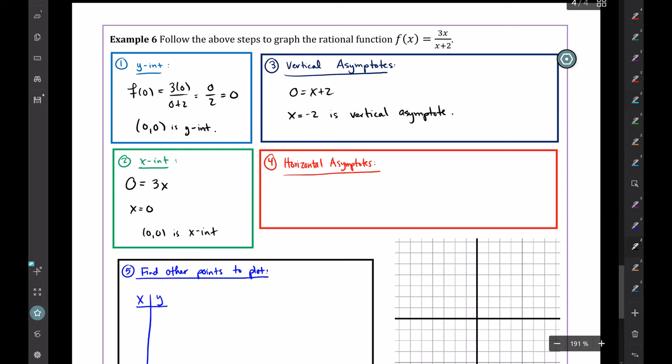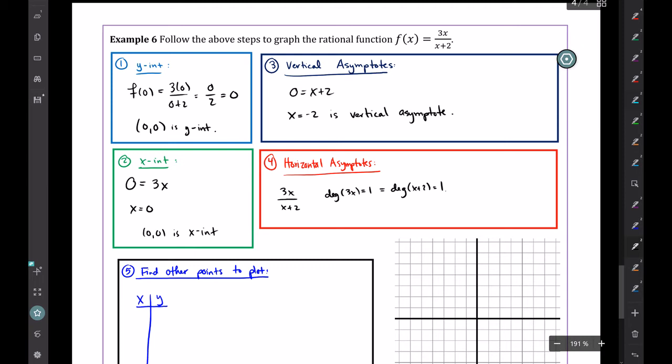Okay, and then finally you want to find the horizontal asymptotes, if there are any. Recall that to find the horizontal asymptotes, you look at the degree of the numerator and the denominator, and in this case the degree of the numerator equals 1, which is equal to the degree of the denominator.